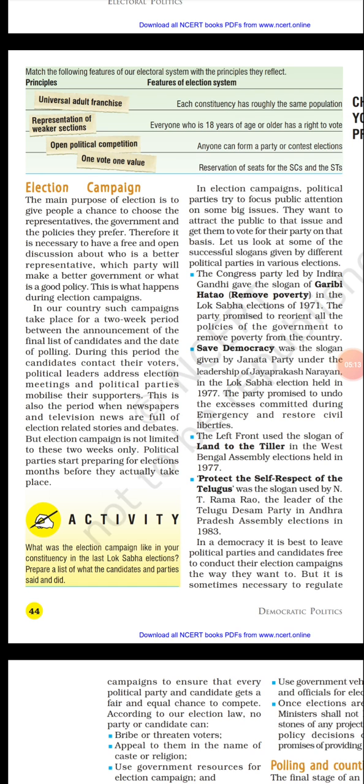Actually, they have to start it 15 days before, but the political parties did not want to leave any chance. They did not want to lose the parties' vote, or they did not want to lose their election. That is the reason they start their election campaign beforehand. Now, what is election campaign?